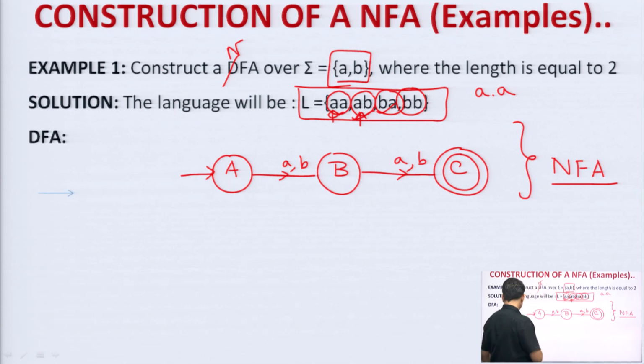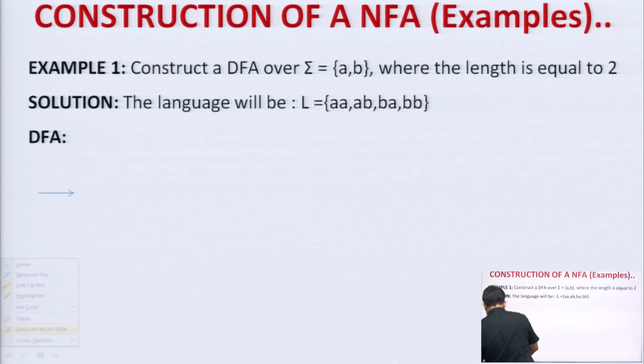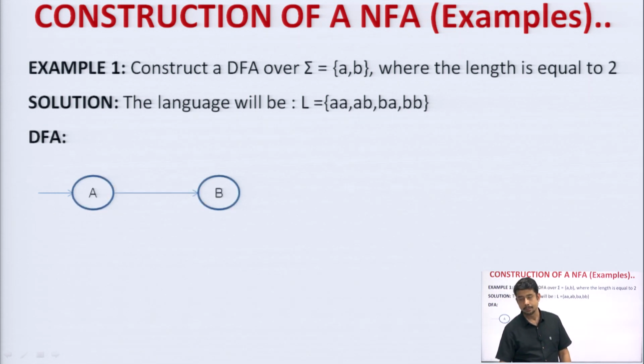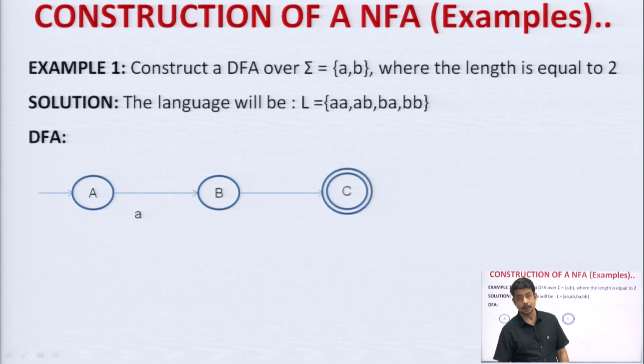Okay, let me first delete this, and I have shown you the graphical part. So, the graphical part will look like this: A will come, then one more state B, then a single A transition we will get, then one more state I will take, that is C, which I have made a final state, and then A. Then similarly, for AB I will take one B transition, for BA I will take one more transition, and for BB I will take one more transition.